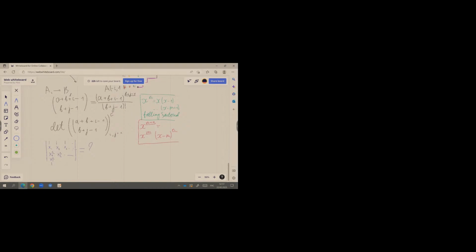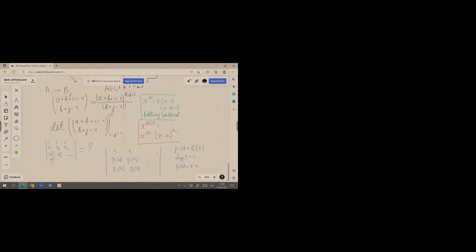And I can tell you even more if I write 1, 1, etc. P1 of x1, P1 of x2, etc. P2 of x1, P2 of x2, where Pi of x is a polynomial in one variable of degree i, and it is monic, so Pi of x is x to the power i plus lower terms.